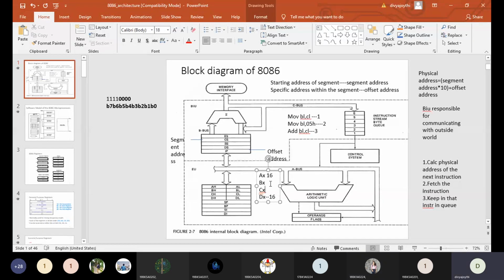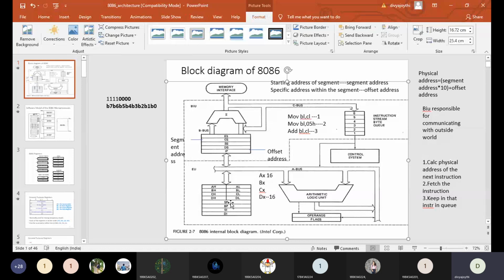Yes, ma'am. And now, below this, see here we have SP, BP, SI and DI. Here SP indicates stack pointer, BP indicates base pointer, SI indicates source index, and DI is destination index. I'm repeating: stack pointer, base pointer, source index and destination index.